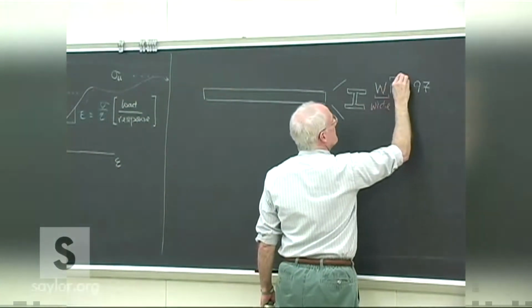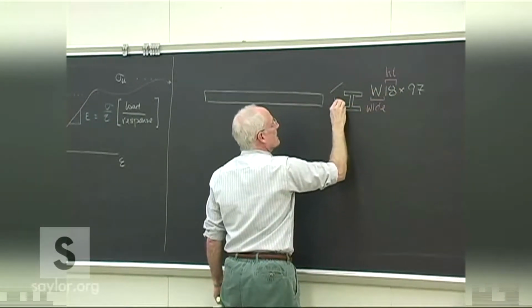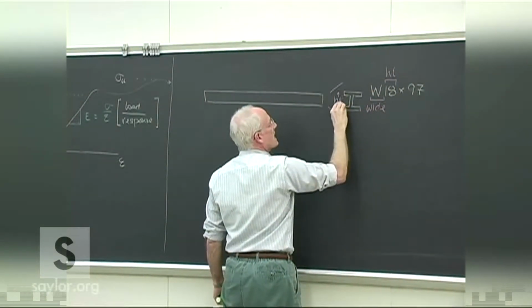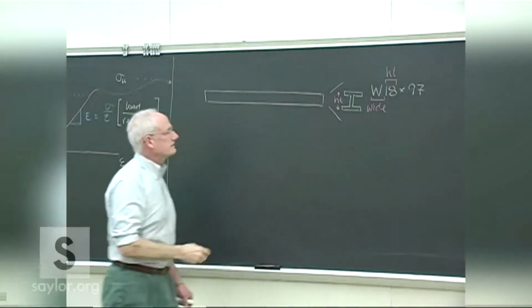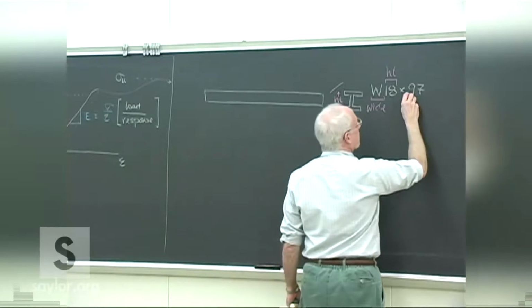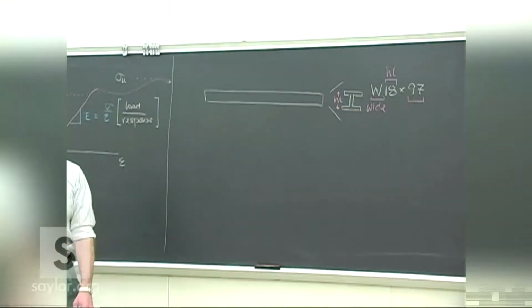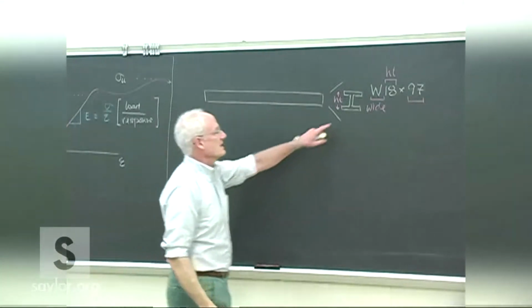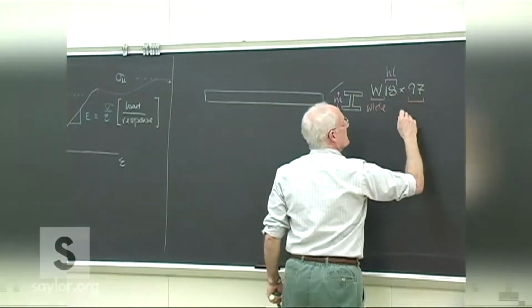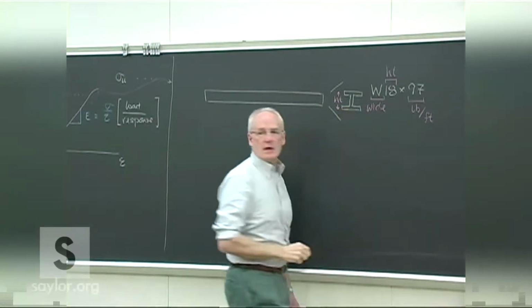The 18 is the height of the beam, give or take a little bit. And the 97, if this is an English dimension beam, so this is a height of 18 inches, and the 97 is its linear weight, pounds per foot of beam.